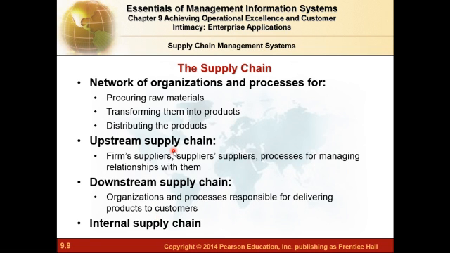Upstream supply chain: suppliers that deal directly with a manufacturer and their suppliers. As you can see here, firm suppliers, suppliers of suppliers, and processes for managing relationships with them. And downstream supply chain involves distributors and those that deliver products to customers.